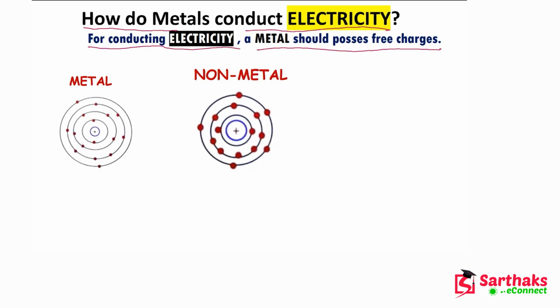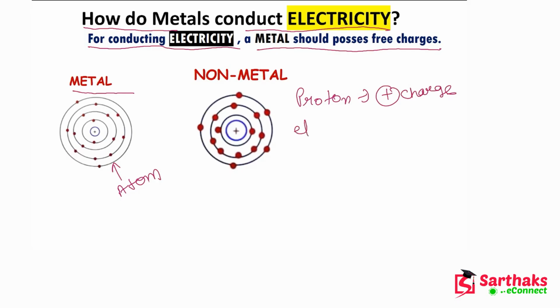So this is the diagram of an atom of a metal. You can see the atom is constituted by protons, neutrons, and electrons. Proton has positive charge.